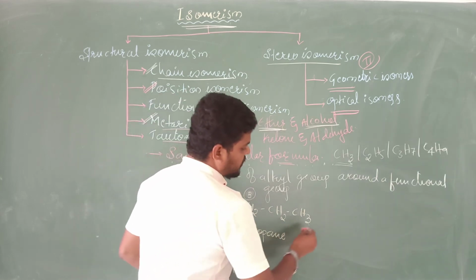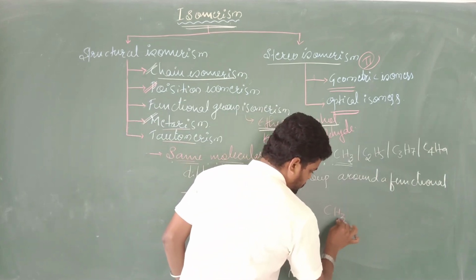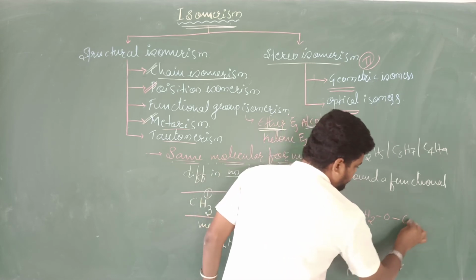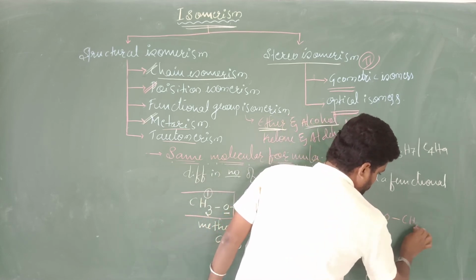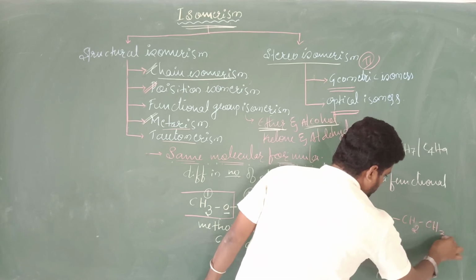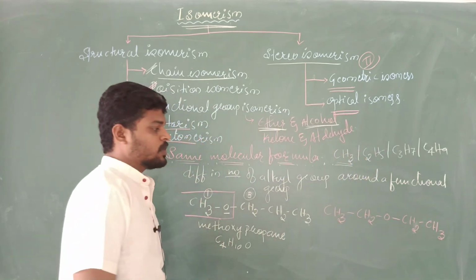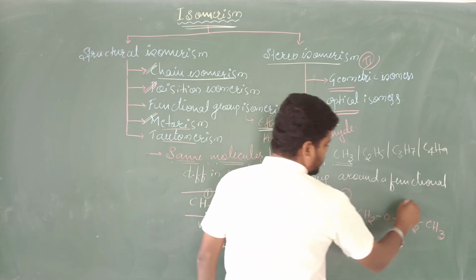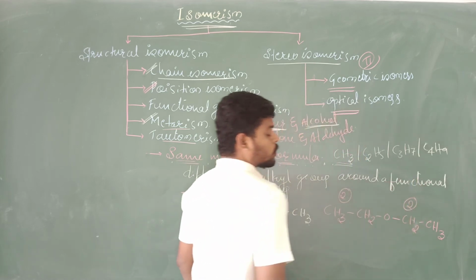ಸೊ ಎರಡು ಸೈಡ್ ಏನು ಮಾಡೋಣ, ಎರಡು CH3 CH2 O CH2 CH3. If you look into this, there is a presence of 2 carbon atoms and here the presence of 2 carbon atoms.